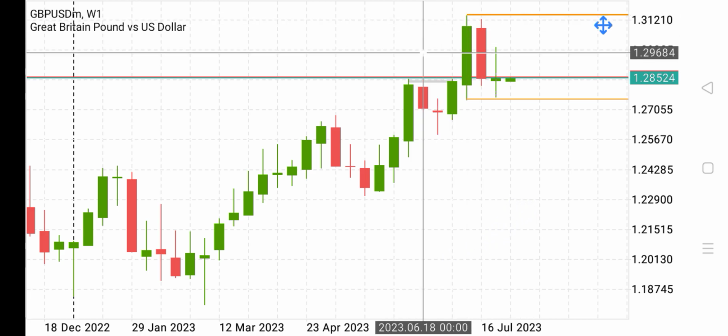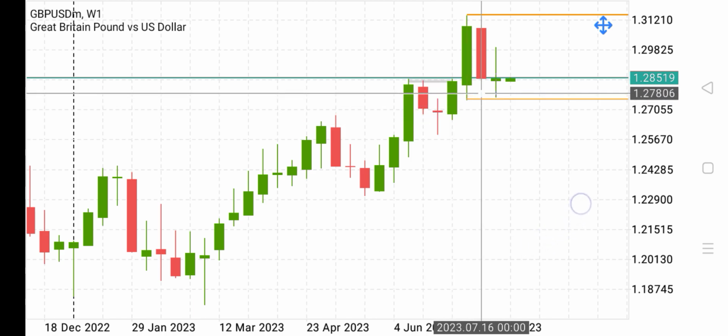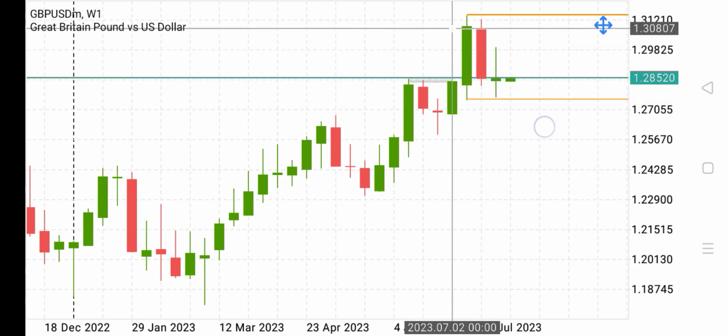This formation of these candlesticks is a candlestick pattern, and it's called the bearish inside bar candle. The way we have the bearish inside bar candle, we also have a bullish inside bar candle, but in this case we have a bearish inside bar candle.